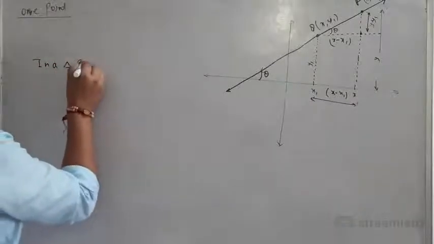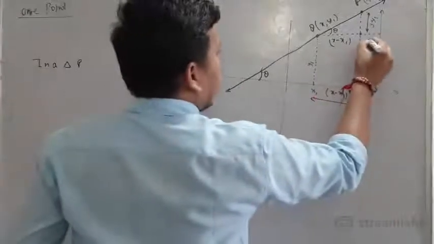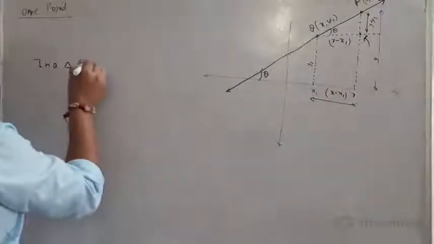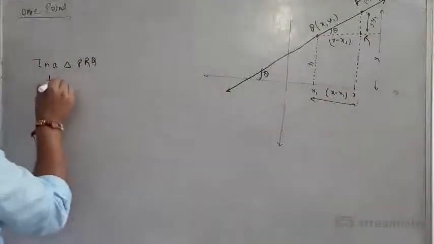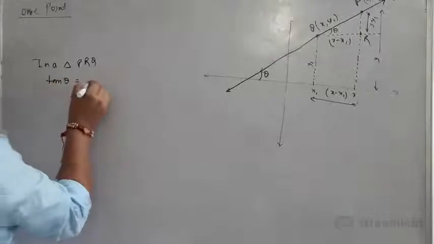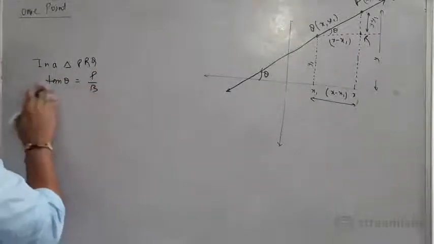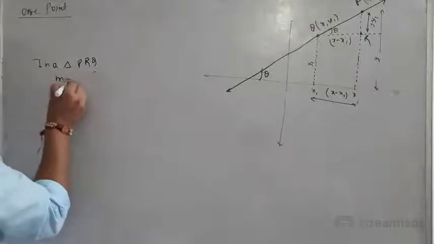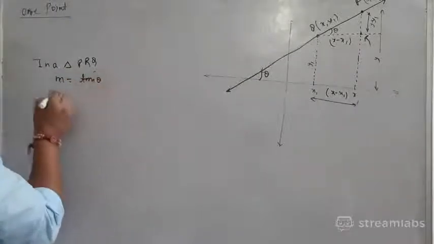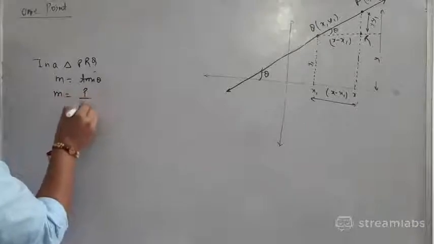Now in the triangle PRQ, let this point be R. Perpendicular tan theta is equal to perpendicular upon base. So first of all write m is equal to tan theta, so m is equal to perpendicular upon base.